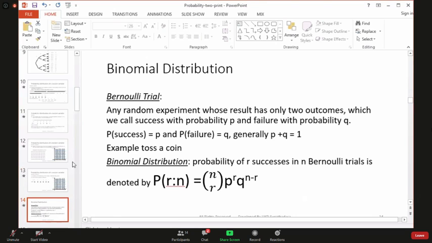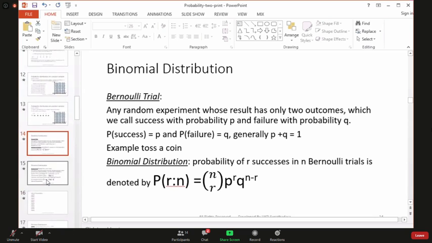Then the binomial distribution says the probability of r successes in n Bernoulli trials is nCr p^r q^(n-r). Remember, we did the nCr notation in the first semester.